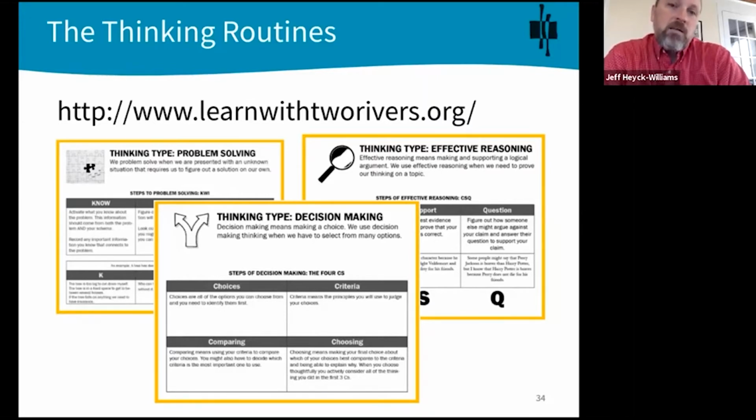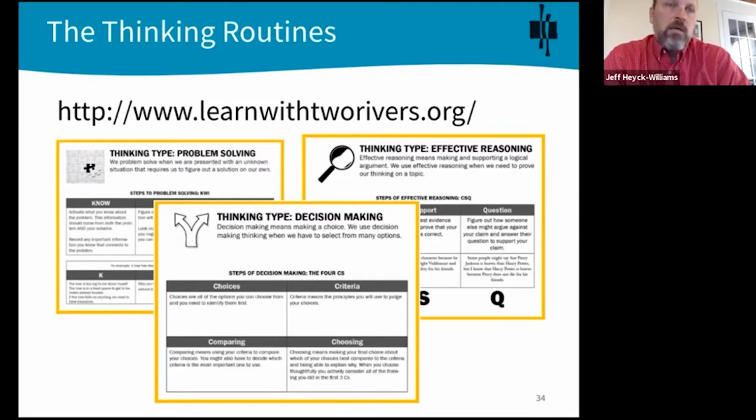The last thing that I'll say about these thinking routines before I get into some specifics with examples is that they have to be truly routines, which means they have to be done over and over and over again. You could grab and use any one of these once with a group of students, and then it would just be an activity.